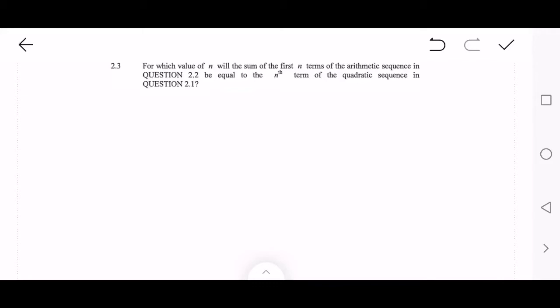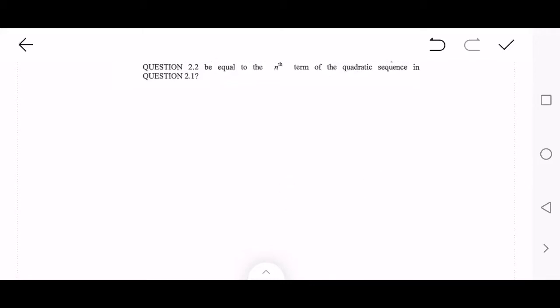So guys, this question is asking for the sum of the first terms that will be equal to some term, any term in the quadratic sequence. We don't know what that term is. So all in all, we're looking for n here.